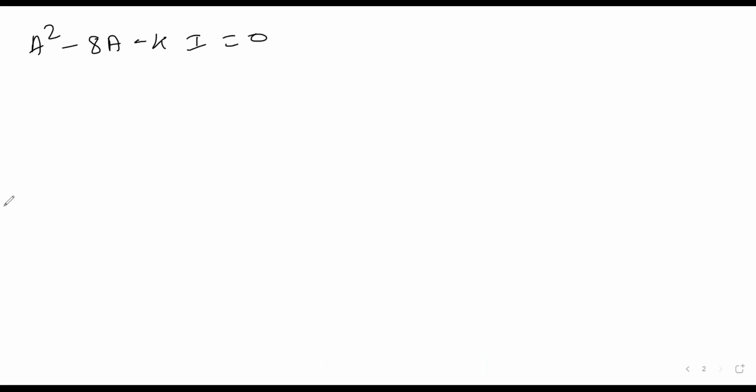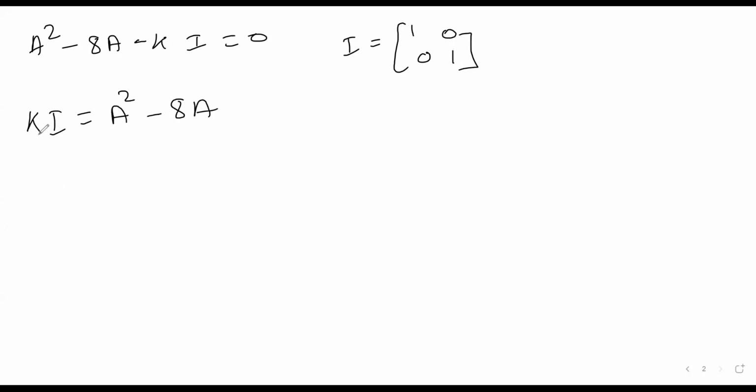I is the identity matrix, but since A is 2 by 2, here I will be [1 0; 0 1]. Okay, so kI equals A squared minus 8A. The kI went to the other side.